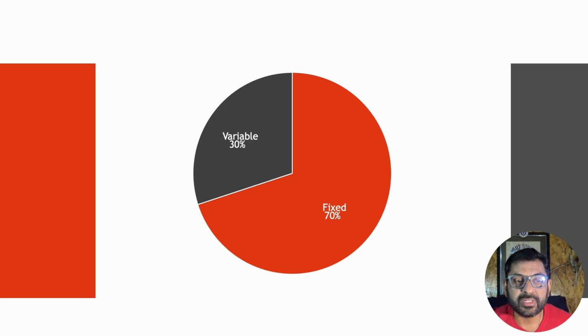Generally, in my experience, profitably run hospitals try to keep their variable costs at around 35% and the fixed costs at around 65%. That would be the ideal mix, but you can also see a 30-70 as is on the screen.